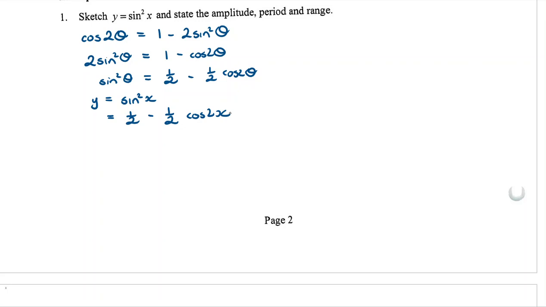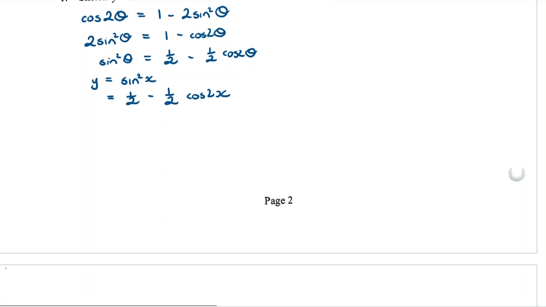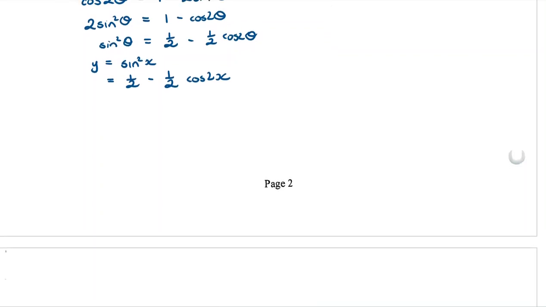The 2x is going to change the period of the graph. So maybe let's consider that. Let's just start with, I'll change colours here, let's just have a think about the cos of 2x graph. We know that the period of that graph, what would the period be?